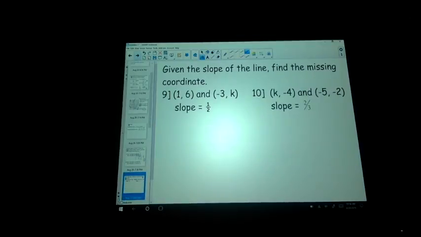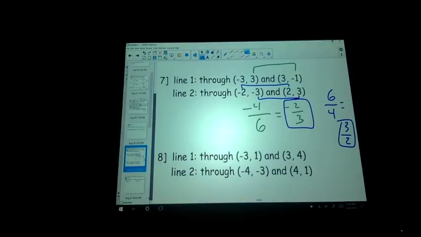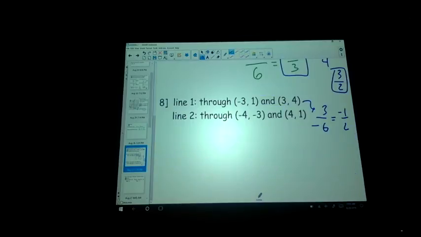Whoops, hang on, there was another problem there. Sorry about that. There was one down here, right? What about this? 4 minus 1 is 3 over -6, so that's this one. So that should be -1/2. And then if I work out this bottom one, 1 minus -3 is 4. 4 minus -4 is 8.